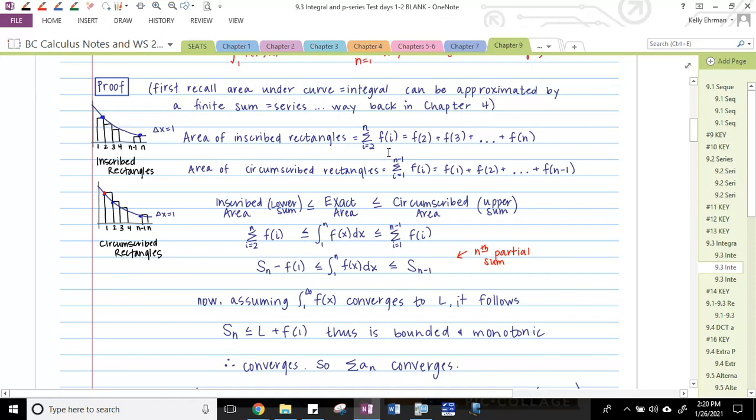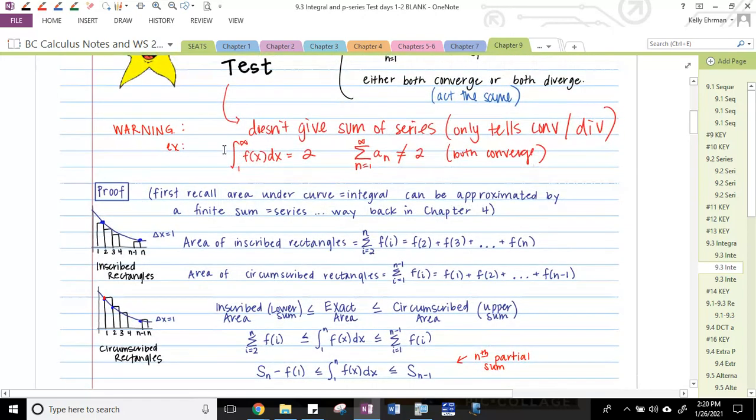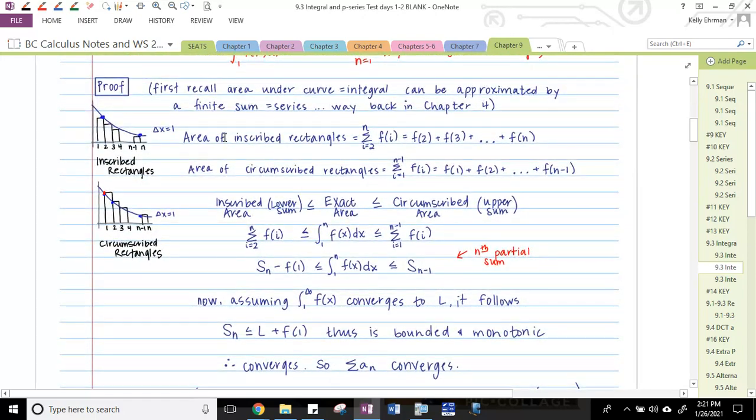So let's go back to thinking about Riemann sums. There's a proof of why this is possible. So if we think about our Riemann sums, we had like a lower sum and an upper sum, right? So I have this positive, decreasing, continuous function f, and I can come up with an approximate area by using inscribed rectangles. And you can see this first one starts at f of 2, f of 3, f of 4. So it's a lower sum, and in this case, it's a right sum. So that would have some sort of finite sum.